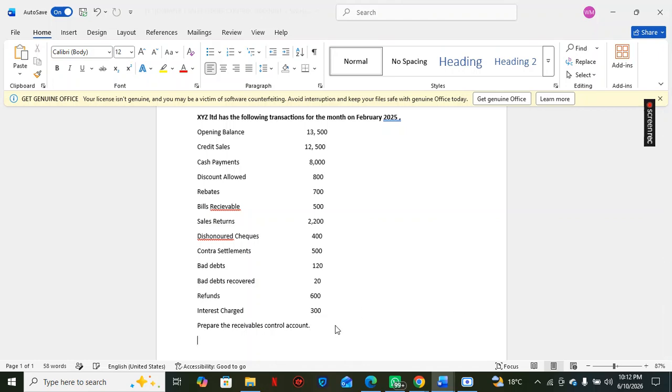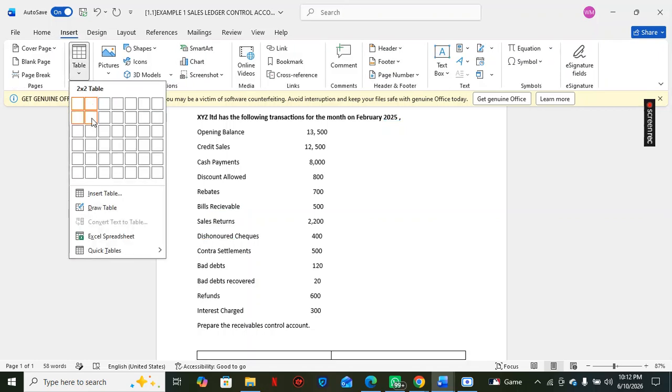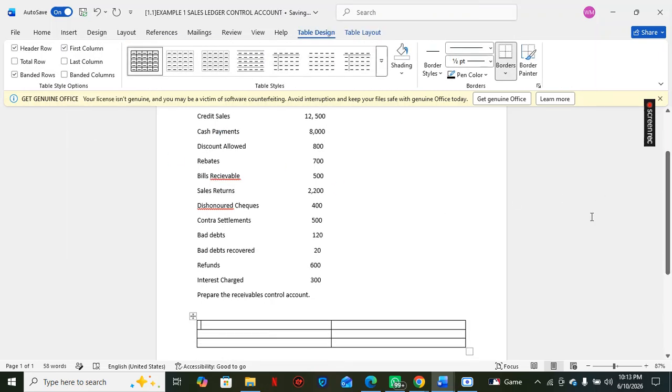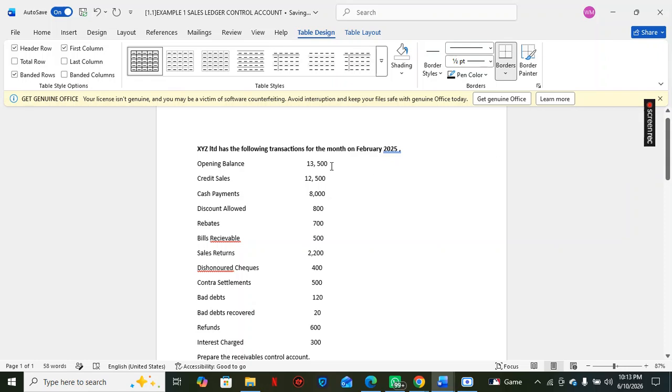All right, so we start. We have our opening balance. Since this is an asset account, the opening balance is going to be on the debit side.